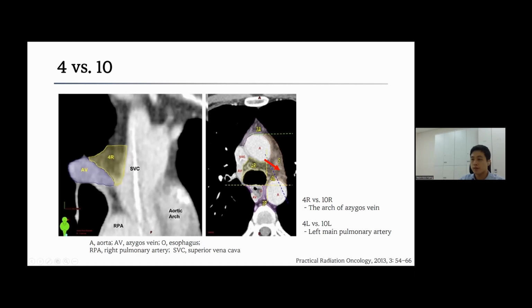On the right side, the boundary between 4R and 10R is the arch of the azygos vein, this structure. And on the left side, the boundary between 4L and 10L is the superior margin of the left main pulmonary artery.